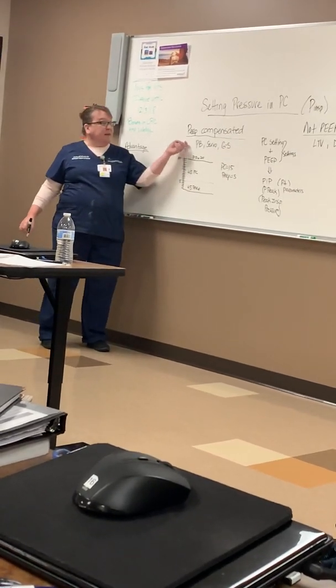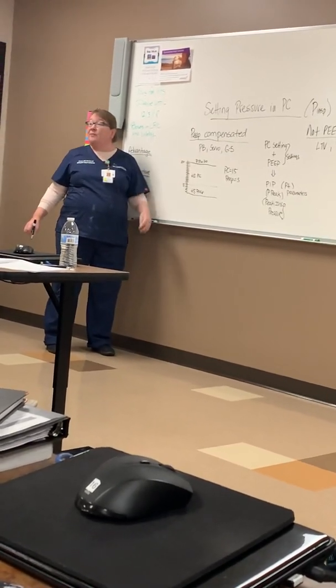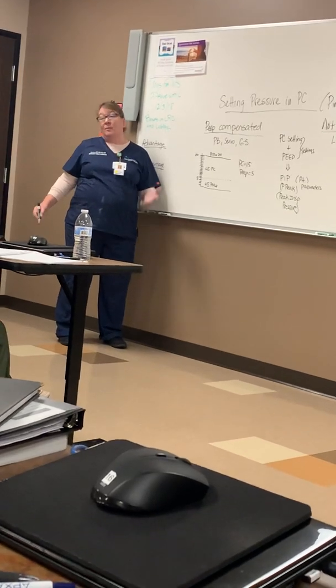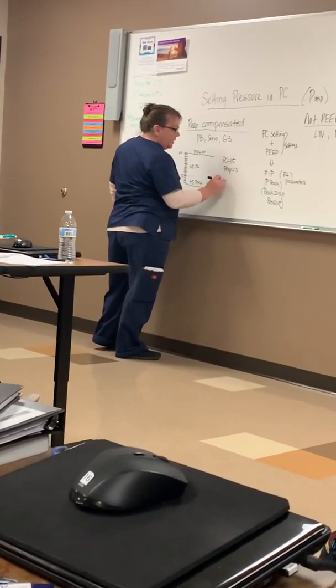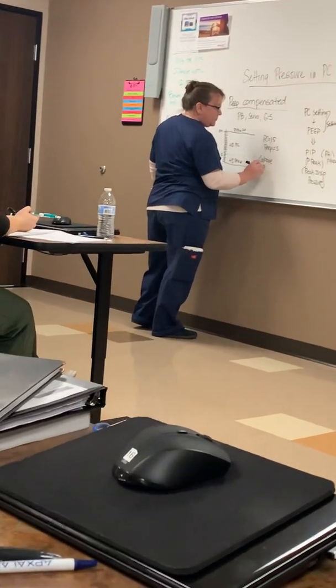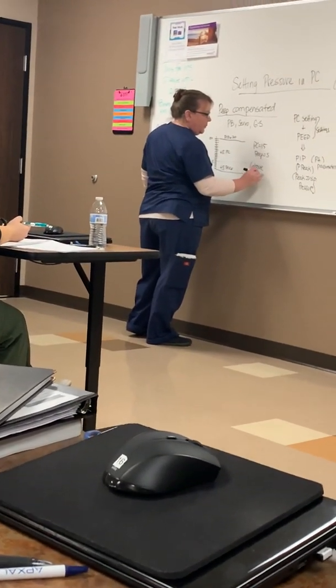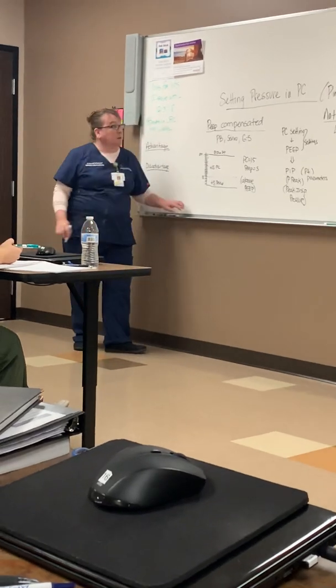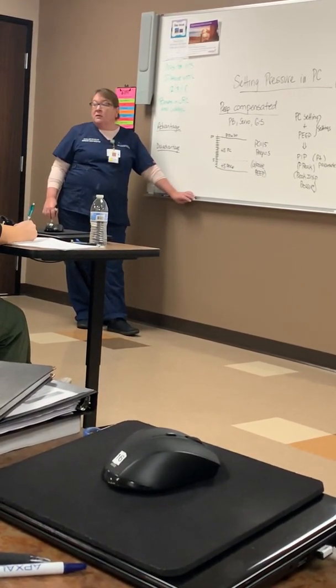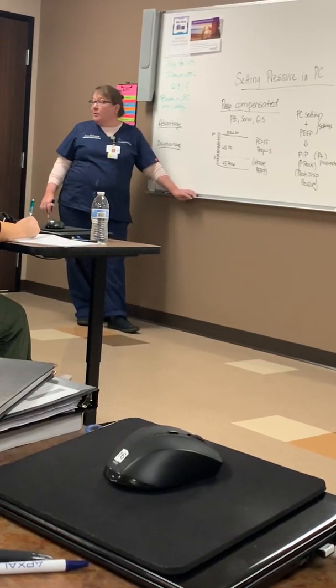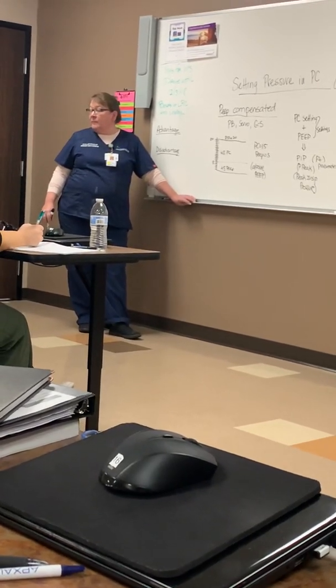So on these ventilators, you see the words above PEEP. You might not always see that, but it's gonna say above PEEP for the pressure control. So how much above PEEP do you want your pressure control setting to be?